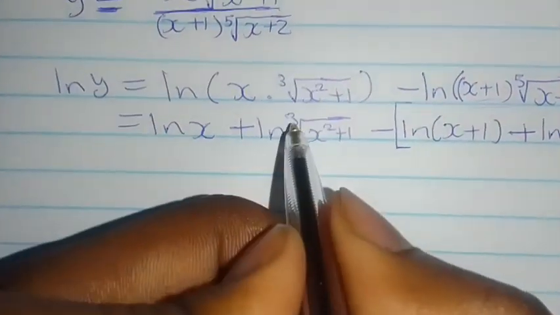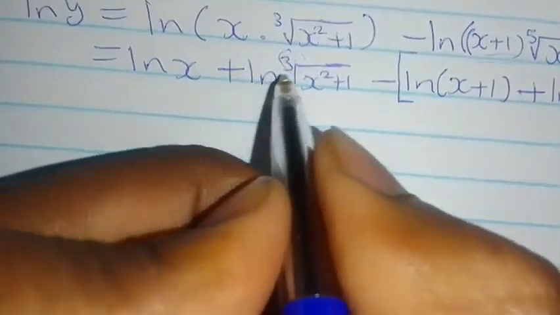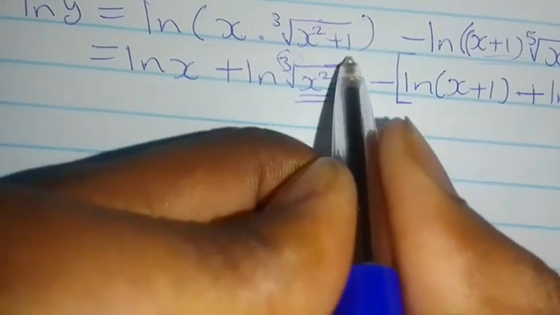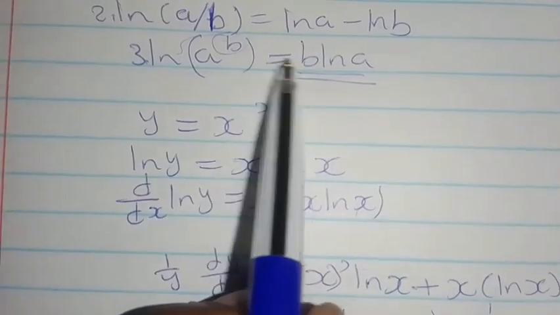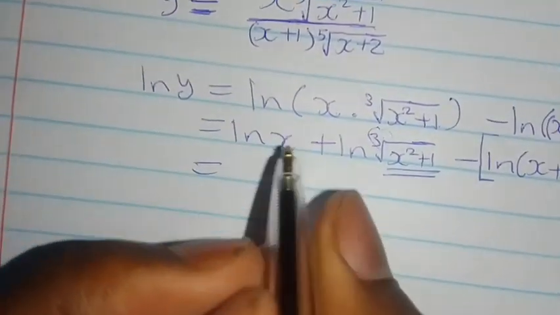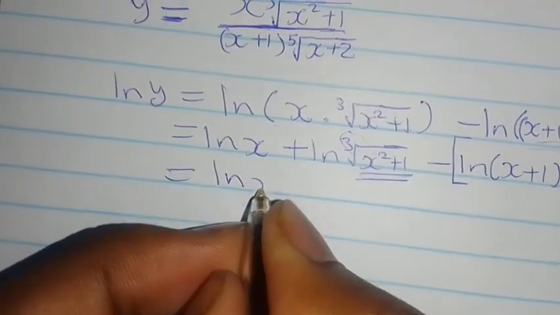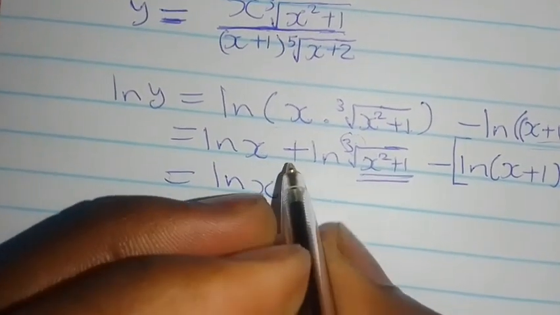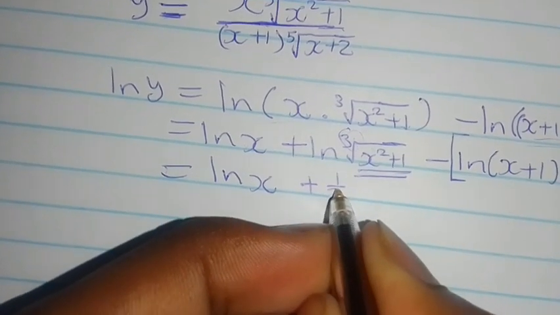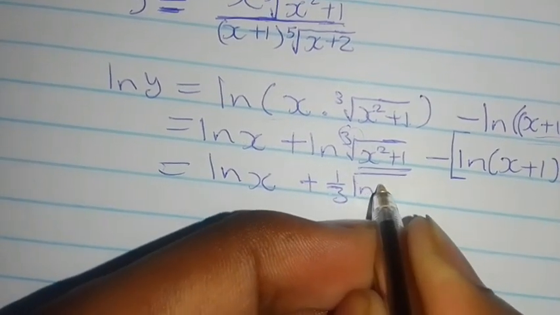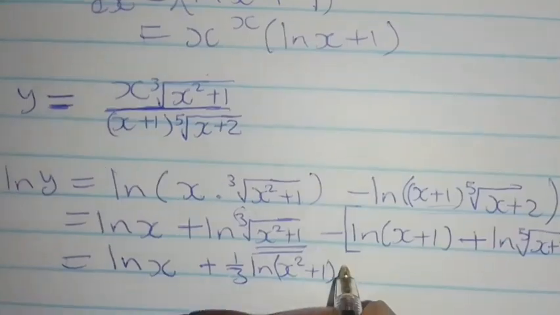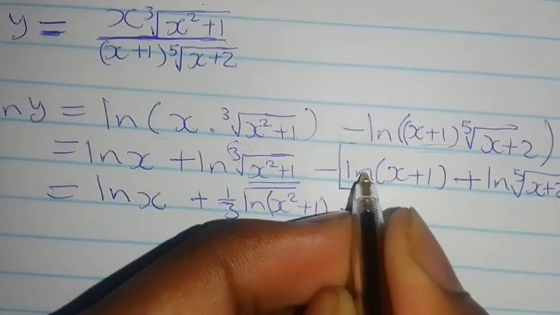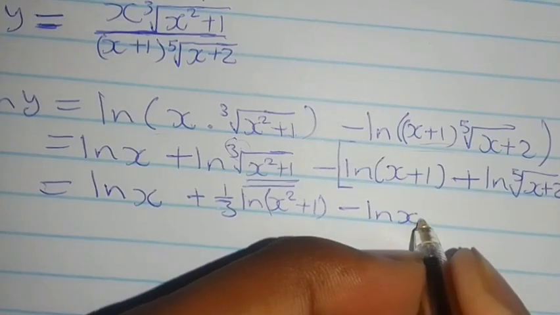Now furthermore, the cube root just means this raised to the power of 1 over 3. Then from then I can apply this to simplify. Then it will be the natural log of x plus 1 over 3, the natural log of x squared plus 1, minus the natural log of x plus 1.